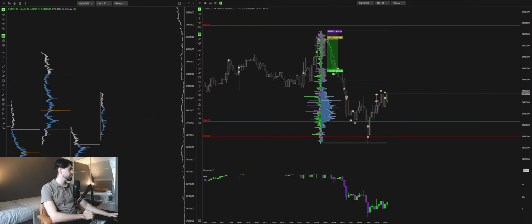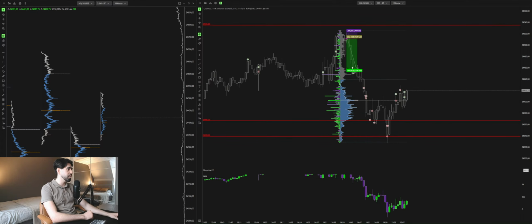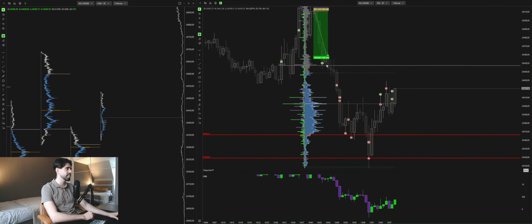We got a reaction from the previous balance area of delta level. I'm waiting. Do you see this? And do you also see this? It's a B shape. And this is value area high.